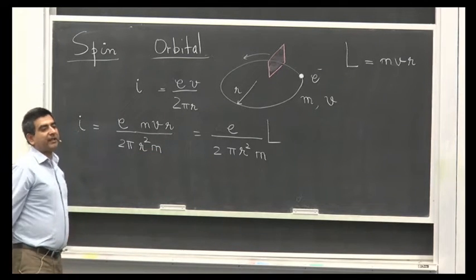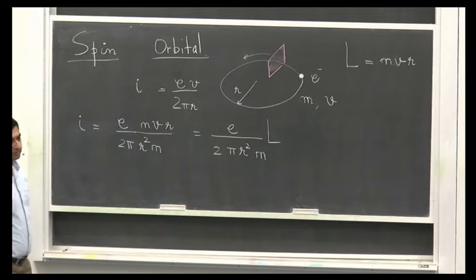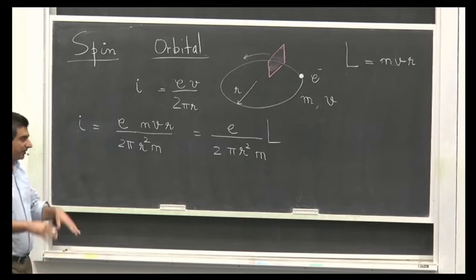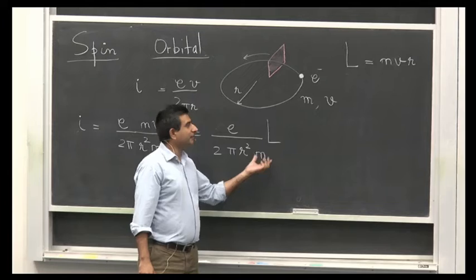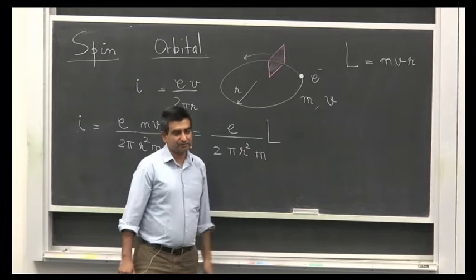Now the point is, yes, for an electron it is constant. This mass will depend upon the speed, but for a particular speed it's going to be constant.